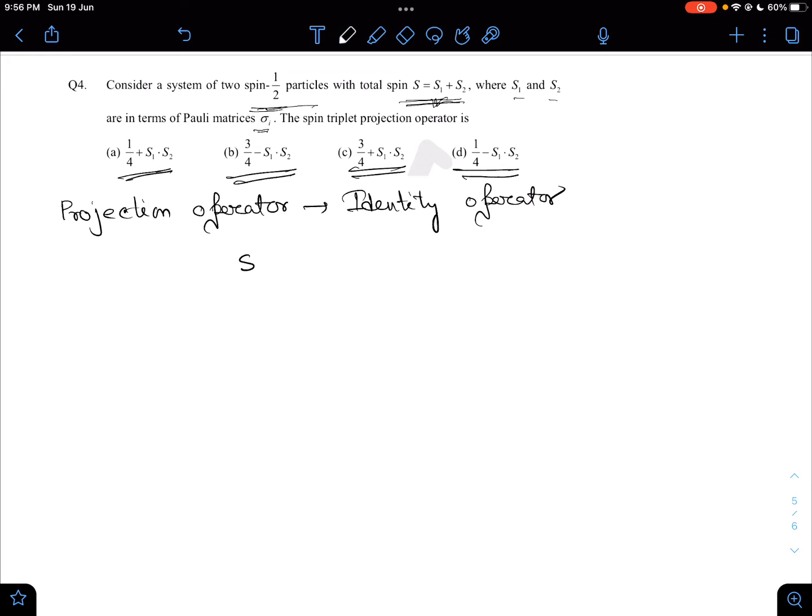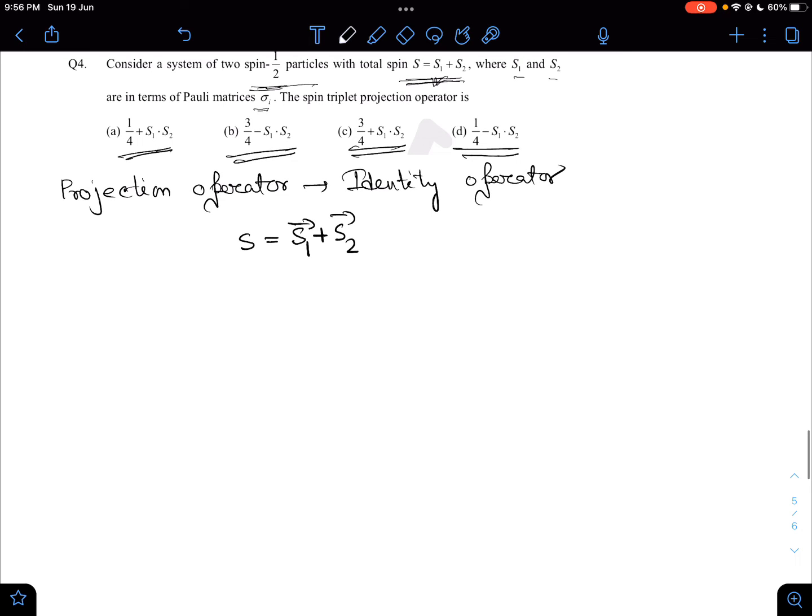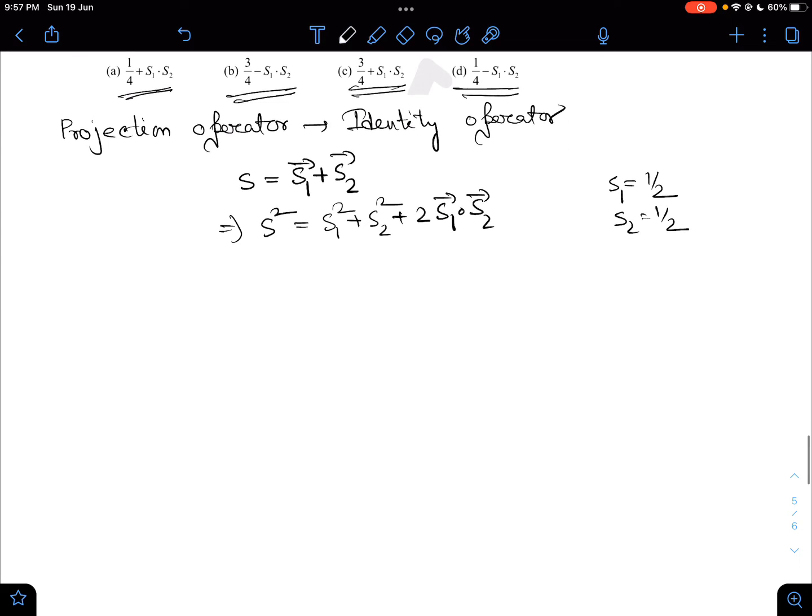We have spin, which is the summation S1 plus S2. If we do S squared, it will give us S1 squared plus S2 squared plus 2 S1 dot S2.